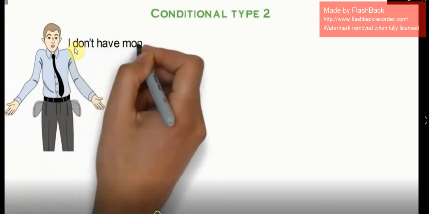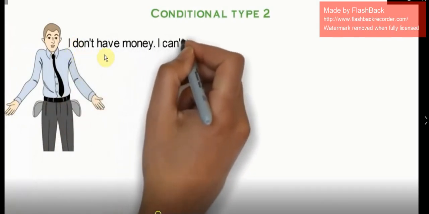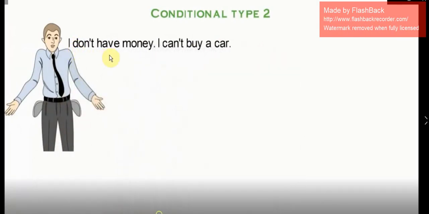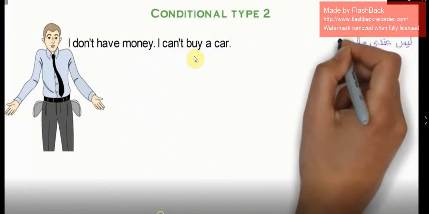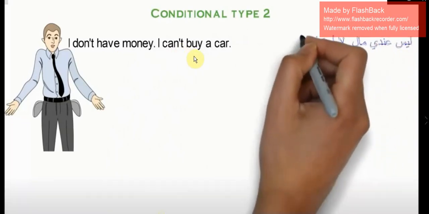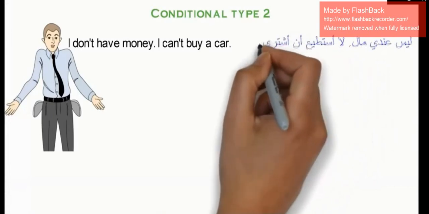The same as in the previous types 0 and 1. Look at the sentence without if.